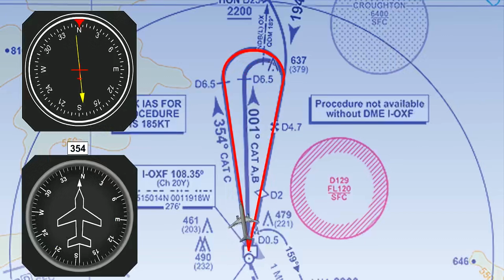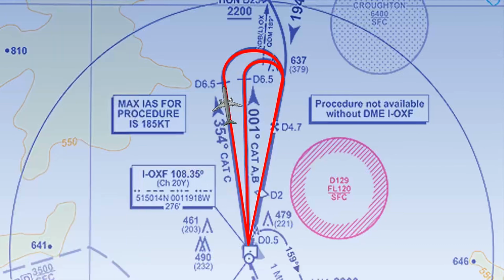If you are in a Category 3 aircraft, a jet, you are told to track outbound on 354 degrees, which means that the head of the needle points to the reciprocal, which is 174 degrees. After 6.5 nautical miles, you start to turn right until you intercept the 194 degrees track to the runway.